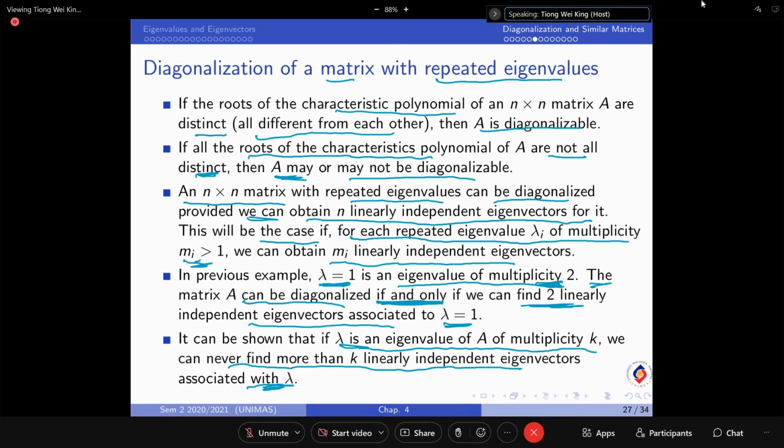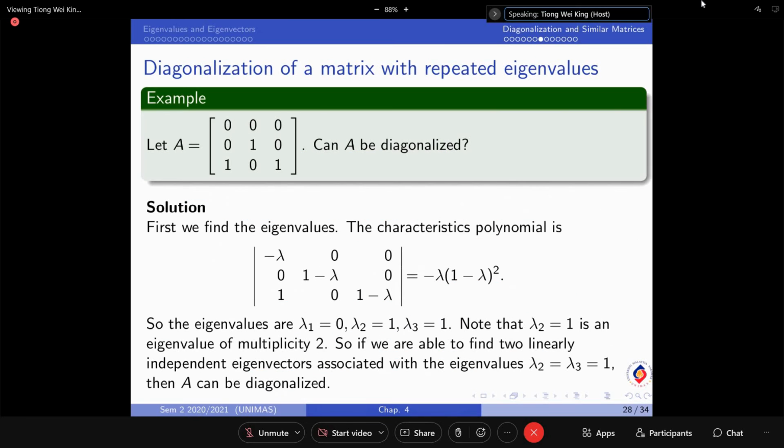Otherwise, it is not diagonalizable. We will go through examples to see which is diagonalizable and which is not, so that it is clearer for you.